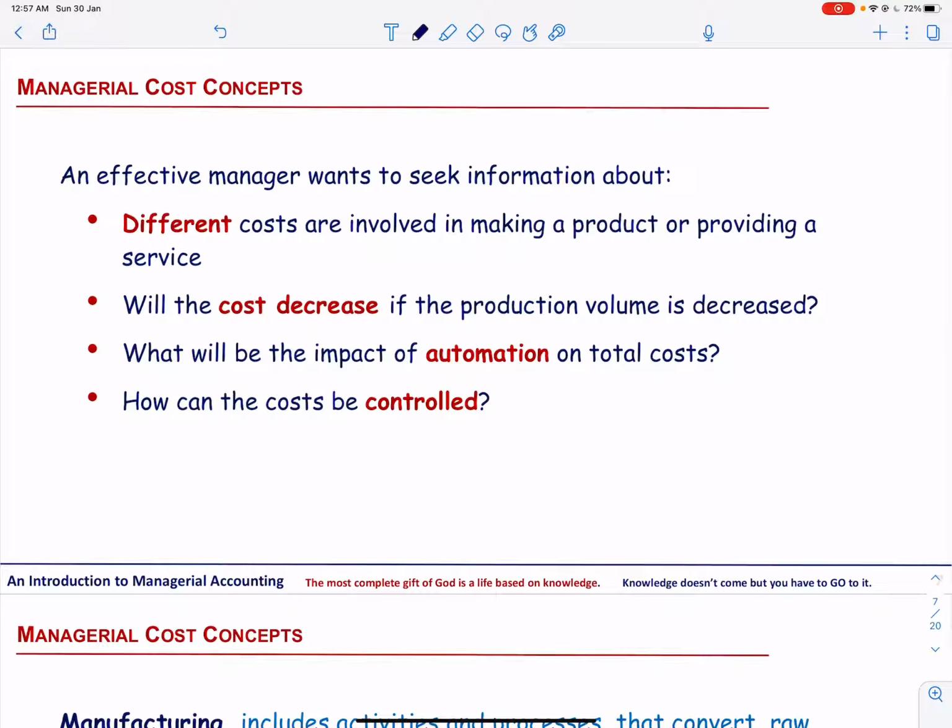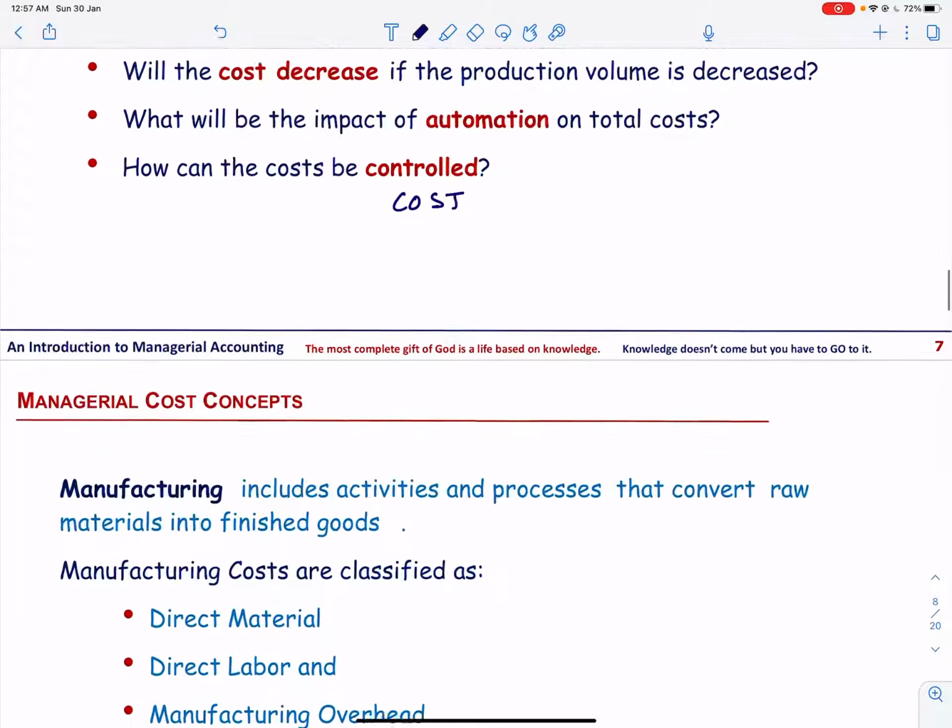In order to plan, direct, and control effectively, the manager needs reliable and accurate information. And cost is the critical component in making any decision. In the next slide, I will explain the different categories of cost.